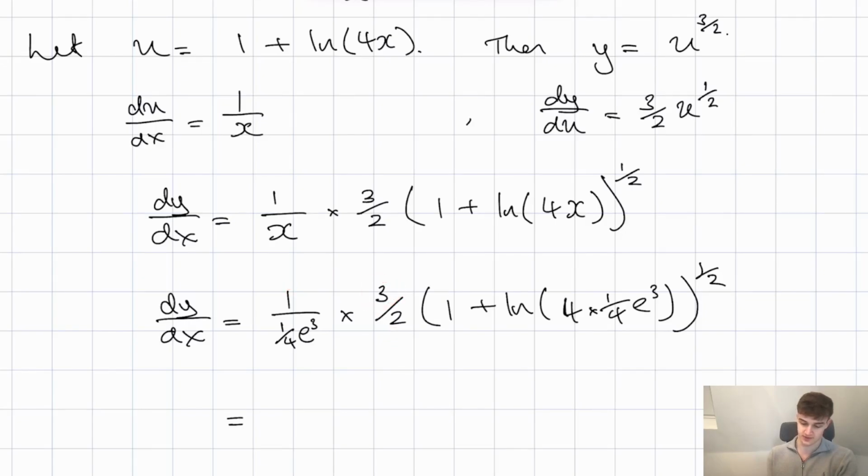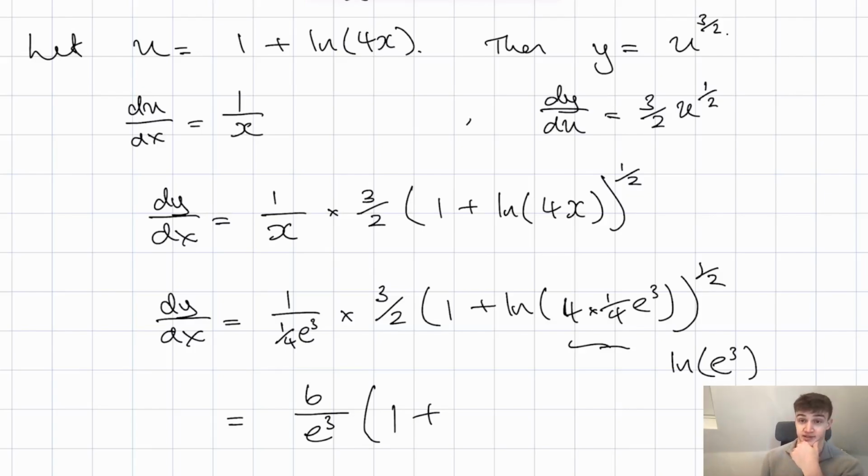So convince yourself that this first bit is 6 over e cubed, lots of 1 plus, now the 4 and 1/4 cancel out, so this is just the natural log of e cubed. The natural log tells you to which power e is raised to give the argument.